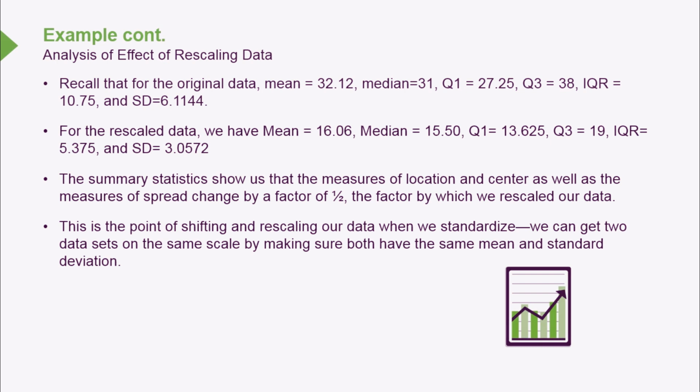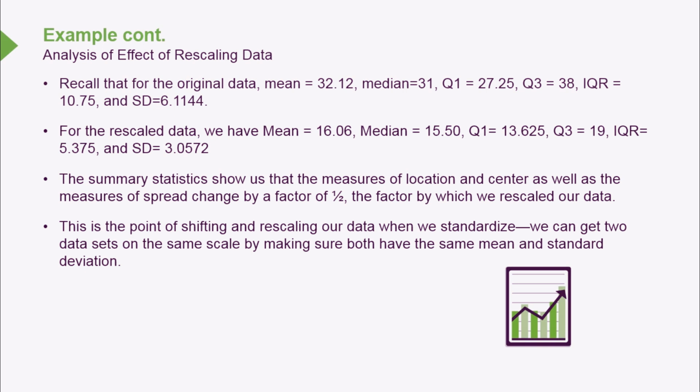Recall that for the original data set, we had a mean of 32.12, a median of 31, first quartile of 27.25, third quartile of 38, and an interquartile range of 10.75, along with a standard deviation of 6.11.